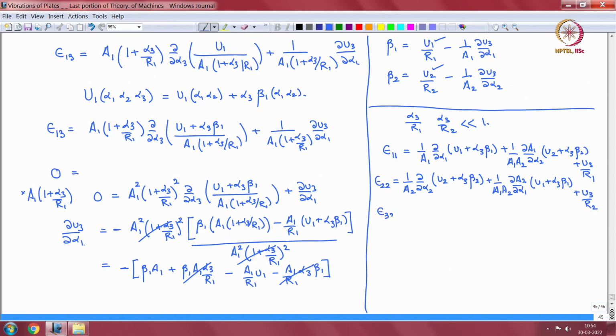Epsilon 3 3 is 0, so is epsilon 1 3, so is epsilon 2 3.